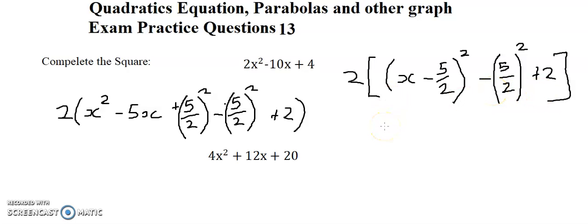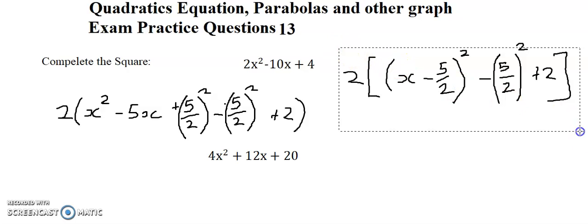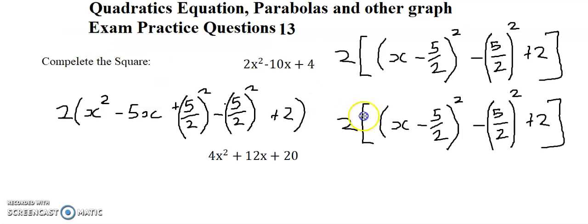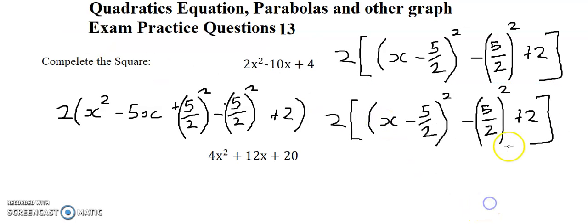The first step is to think about 5 times 5 is 25, and 2 times 2 is 4. So I'm just going to copy this, so it saves me rewriting it. All I've done is rewrite that as 25 over 4.